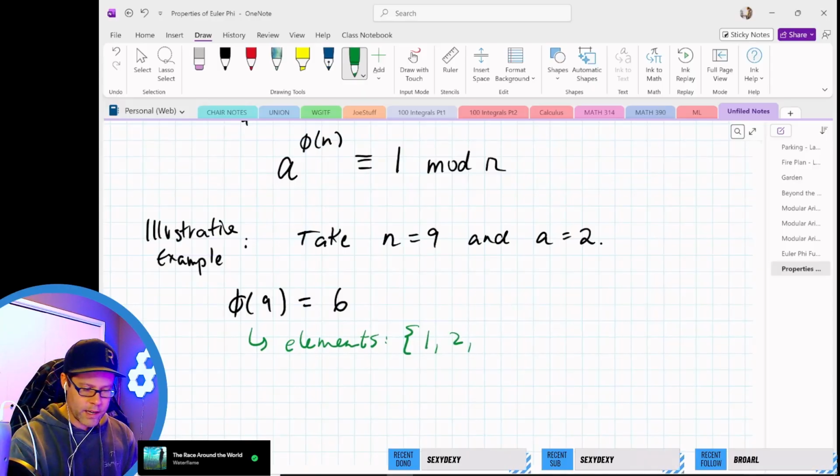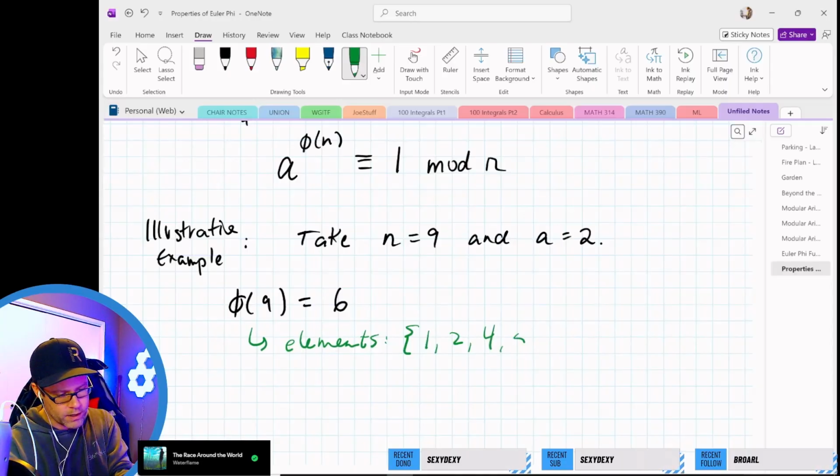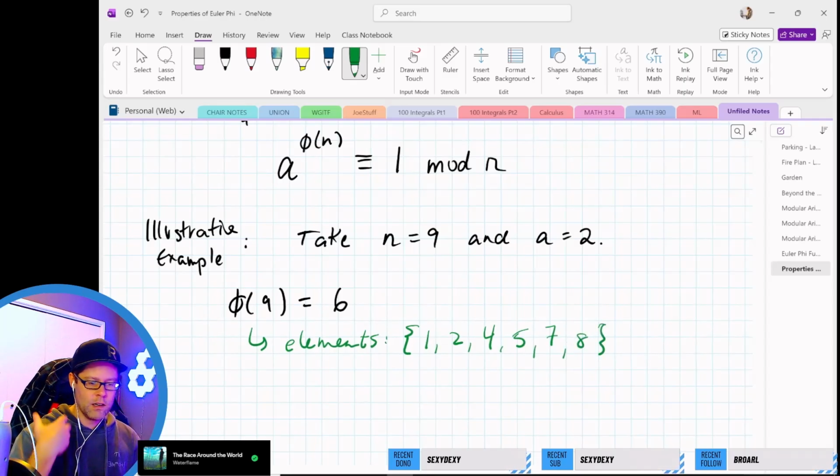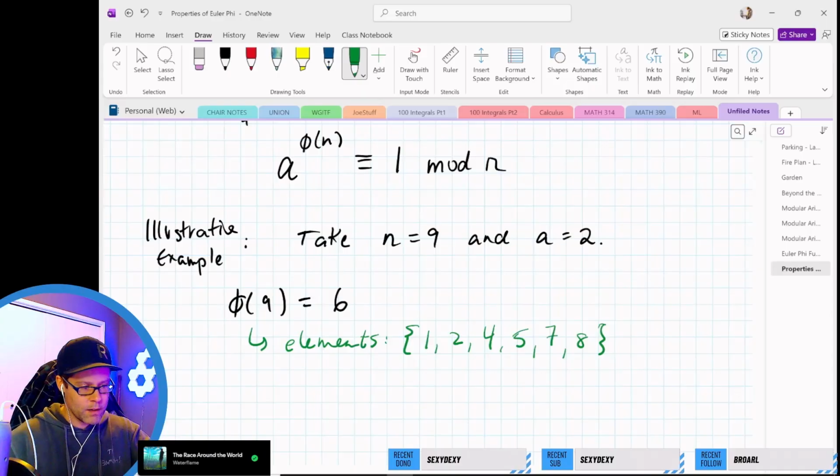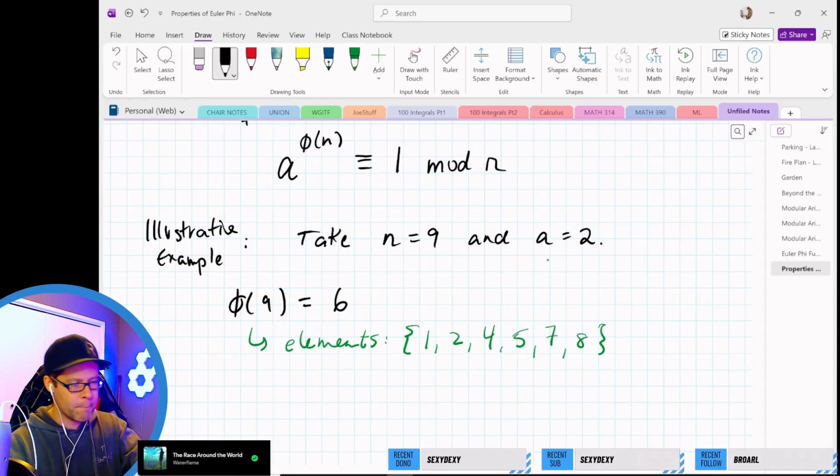We do not take 3 because 3 is not co-prime with 9. We can take 4. We can take 5. We cannot take 6. We can take 7, and we can take 8. So those are our 6 elements that are co-prime with the number 9. Now it turns out that these elements form a group under multiplication mod 9.